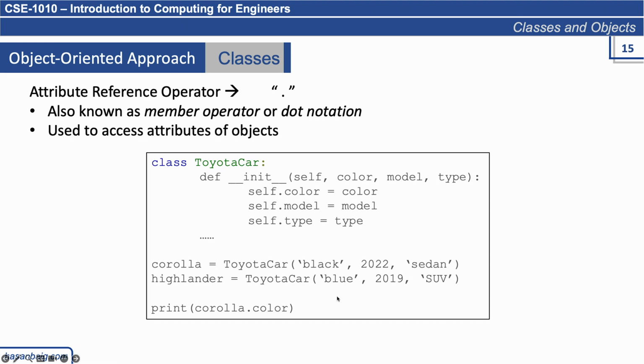But in order to access any attribute, you use the dot notation, often referred to as the member operator. So Corolla dot color will fetch the color associated with the Corolla instance. All right, so it will print black.